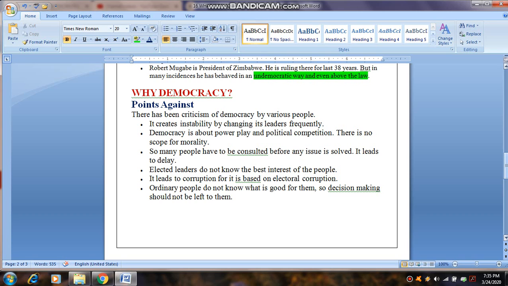Very strong point. Many people think democracy is about power play. The political leaders have lots of power in their hands, and maybe they are playing with their powers, and it is a political competition. They are just arguing with each other, putting their points in front of others. There is no scope of morality.